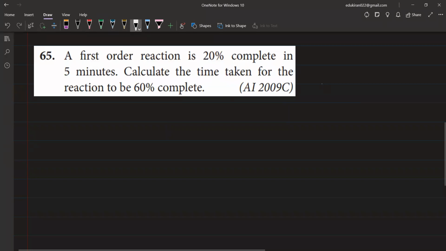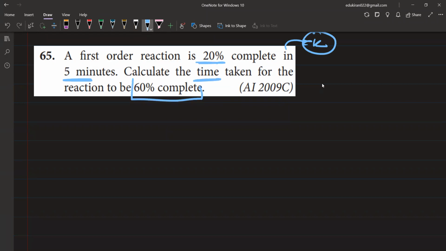For example, this statement here, 20% complete in 5 minutes, this information is going to give you the value of k. Once you have got the rate constant, that rate constant is not going to change. Now you have to calculate the time to complete 60% of the reaction.